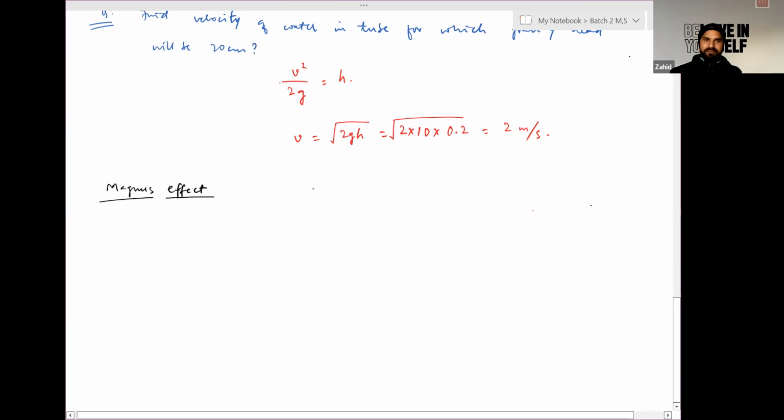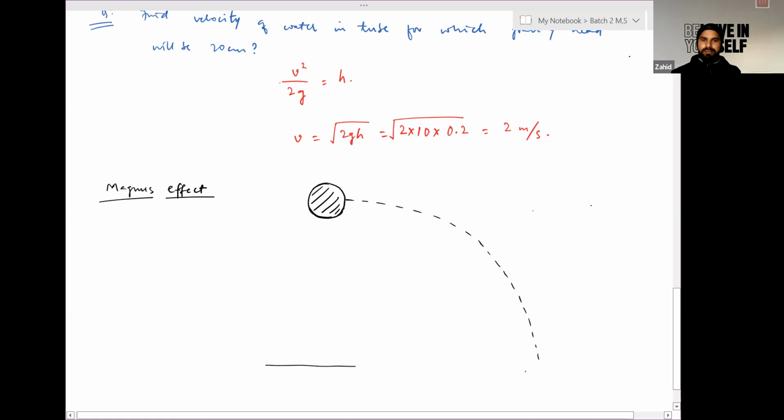Suppose you have a ball which is projected horizontally without spinning. So it may attain this parabolic path to hit the ground at this instant.